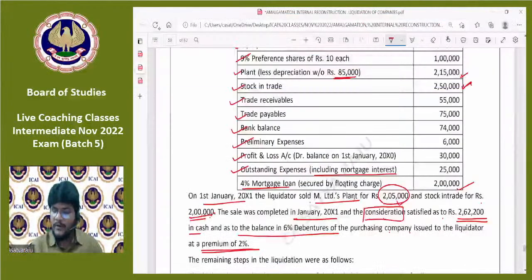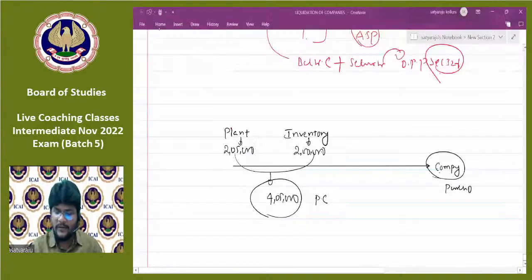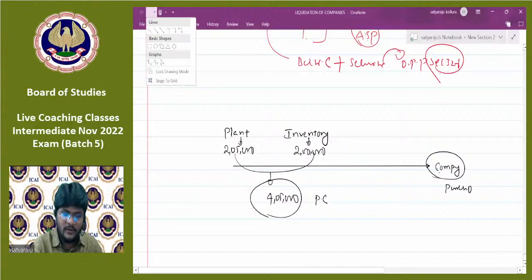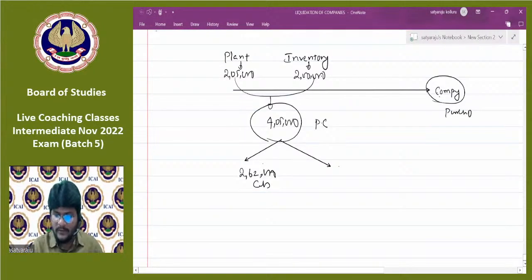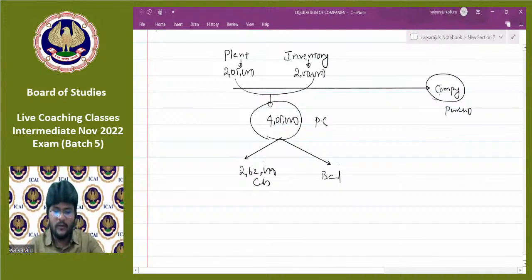Now, out of that purchase consideration, 4,05,000, the purchasing company is going to issue 2,62,000 in the form of cash. Then the balance is how much? Can you please tell me, guys, all of you, balance is how much? 4,05,000 minus 2,62,000. The balance was 1,43,000.